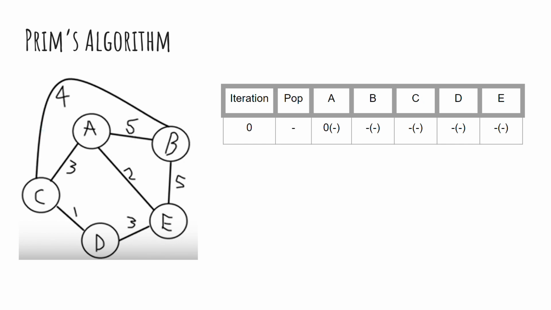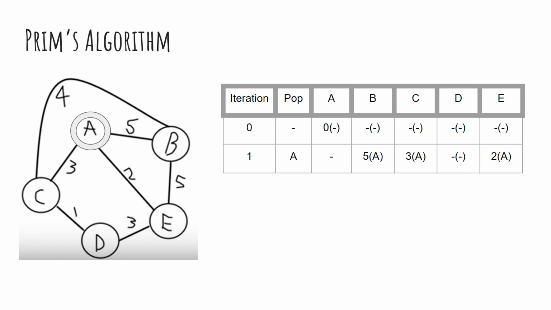So minimum spanning trees might not be unique, but the cost of the minimum spanning tree always is unique. Alright, so we'll start with vertex A over here, and so we get that the distance from A to A is 0, because it's the same vertex, and it doesn't have a parent, so the parent is just a hyphen, it's blank, and then we pop the vertex A.